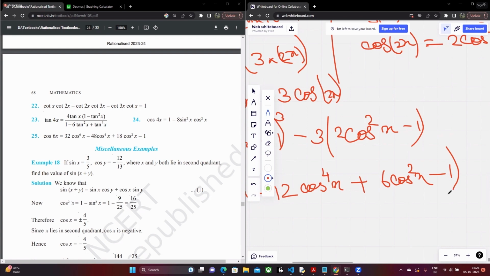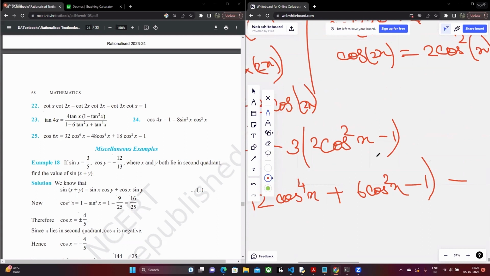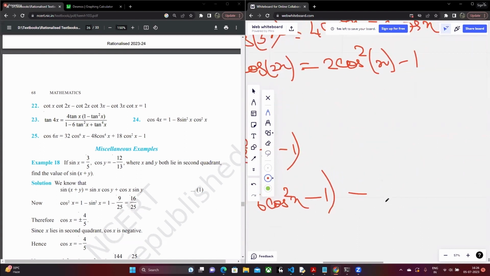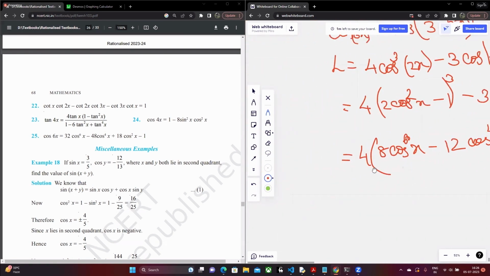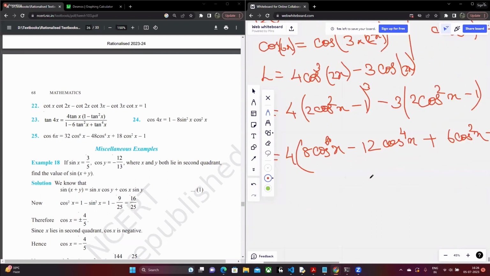This is going to be in conjunction with minus, this is 6 cos squared x plus 3. Right? Removing the pre-multiplied 4.